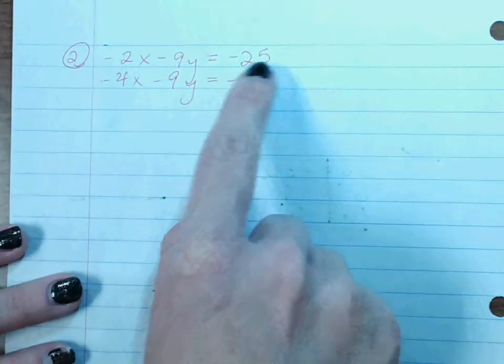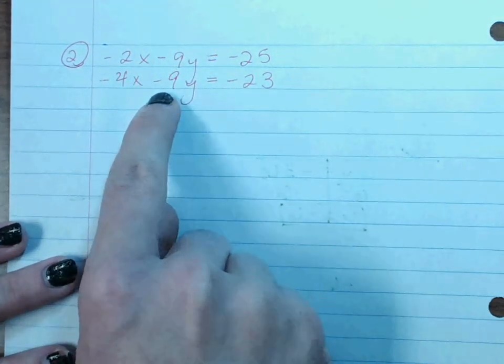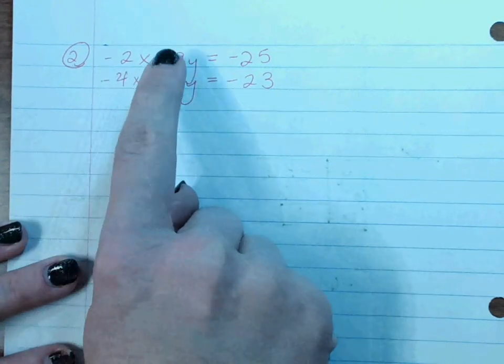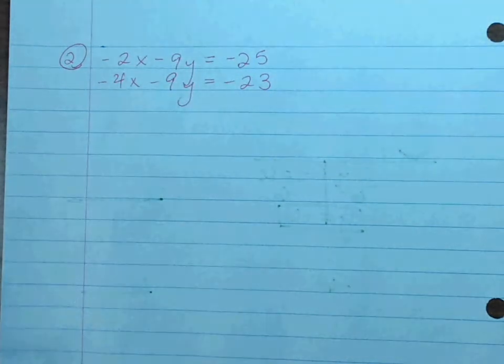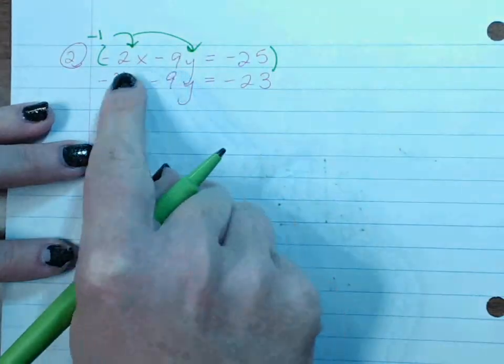Personally, I would go the y, because what's the opposite of negative 9? Positive 9. So all I need to do is change this to a positive. Well, how do I change this to a positive 9? Times by negative 1. Yeah, I could take this whole top equation. It doesn't matter which one you use. I could multiply that whole equation by a negative 1, because when I do the one term, I have to do to all of it.